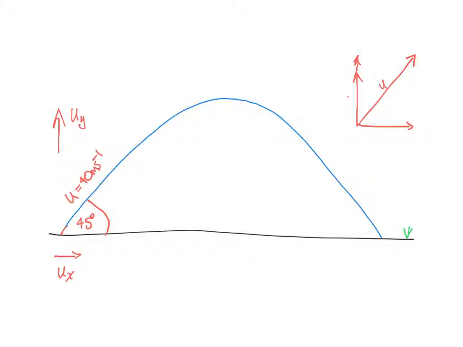Now we need these two to do some of our calculations, because, as we've seen in experiments, these two separate components of the motion are independent of each other. We only have acceleration in this direction, and it's a deceleration against the object. In this direction we have a constant velocity.